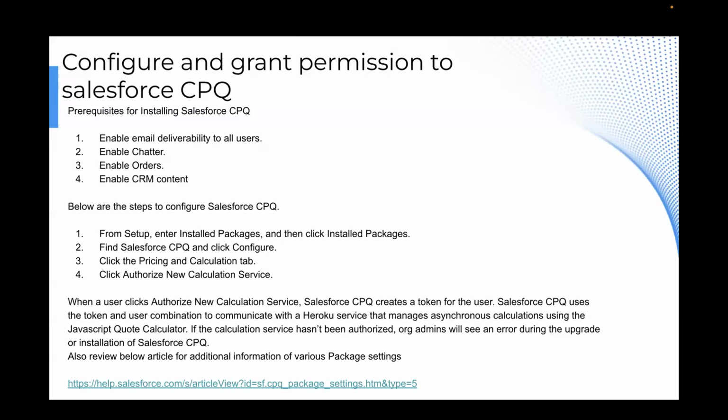In this scenario, the calculation may take longer than usual. So if the new calculation service is not enabled and we are still using the legacy calculator with Apex, there can be a chance we hit the governor limit here. To avoid these kinds of errors, what sales reps can do is authorize the new calculation services, which will do the calculation asynchronously with a Heroku server.